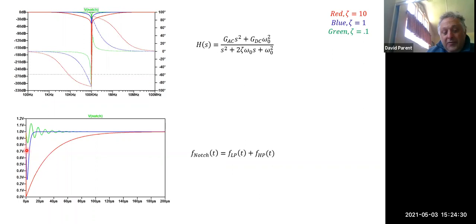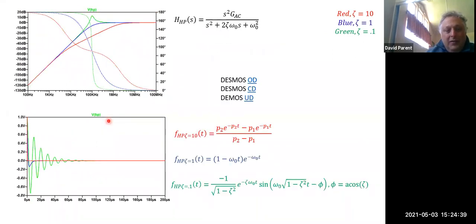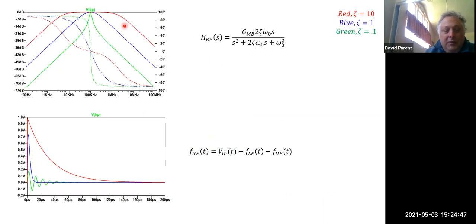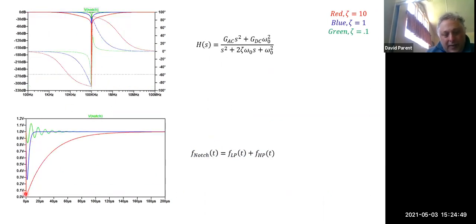If I zoom in here, it's got the high pass step response. Let's go back here. See the red, it's so quick. The high pass one is dominated by the high frequency pole. And notice it goes from 0 up to 1 and comes right down in that quick amount of time. But then it's also got the low pass response in it as well. So with the notch in this obvious way, you're getting both responses.